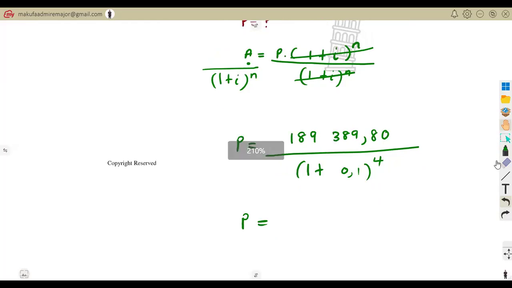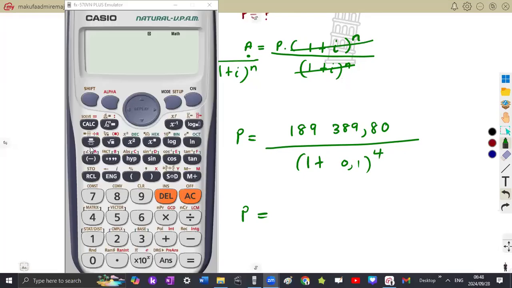So there you can simply use your calculator as we had previously. You can have your calculator, have a fraction, insert your values. So that's 189,000. The 0, there's no effect there, guys.